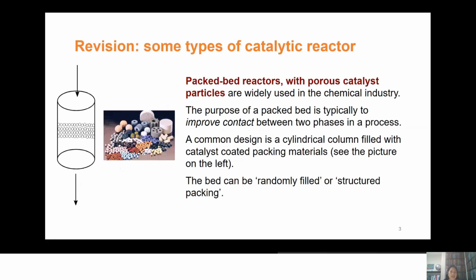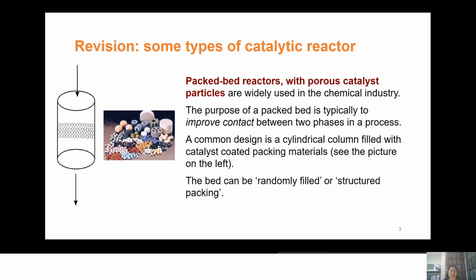Let's start off by reviewing some of the types of catalytic reactor. One common type of catalytic reactor is the packed bed reactor. Most of which use porous catalyst particles to get the greatest surface area per unit volume of bed.